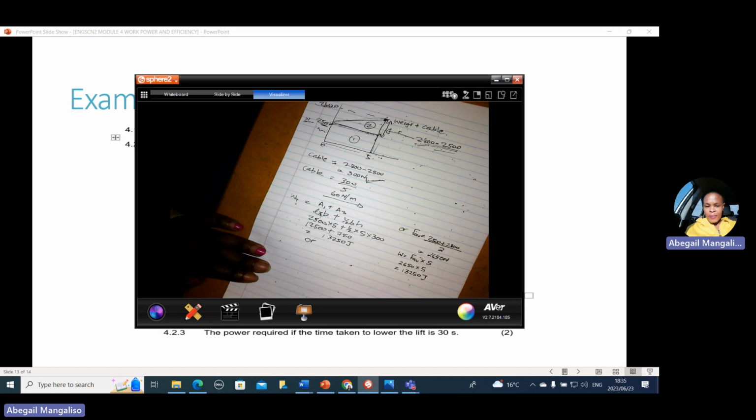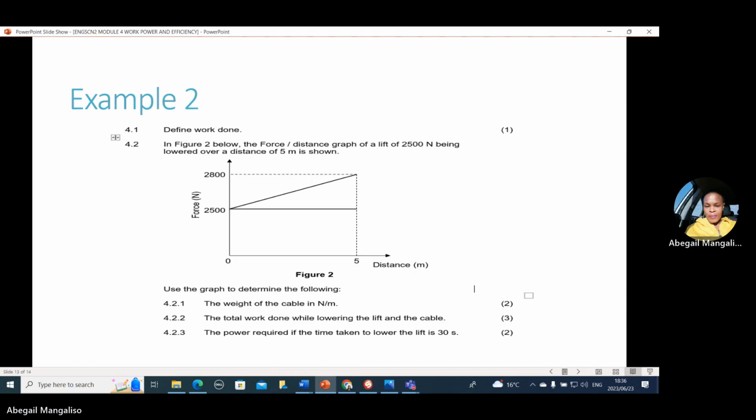Now let's look at the third question. The third question says, calculate the power required if the time taken to lower the lift is 30 seconds. So in this question, you are looking for P, and T is given as 30 seconds. Let's look at the solution.